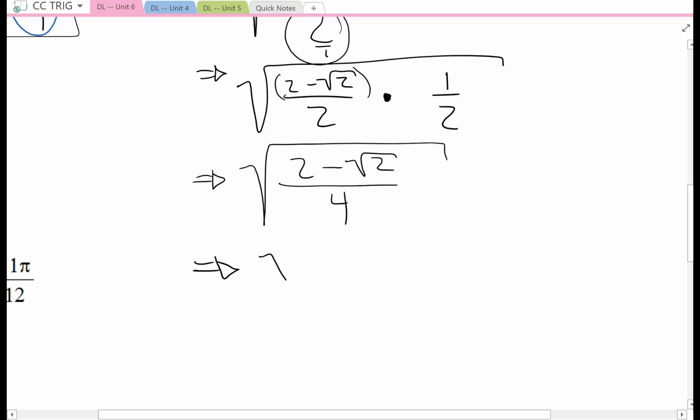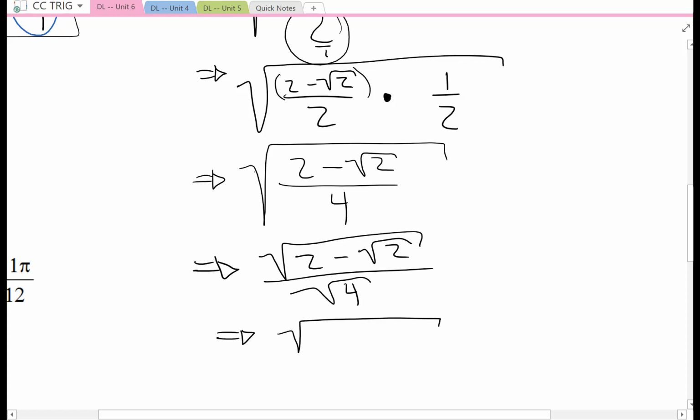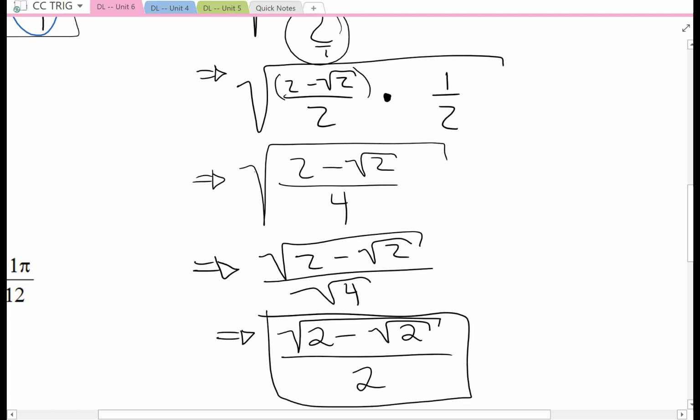So go ahead and split the radical, 2 minus root 2 over root 4, and then of course now we can simplify. I know it looks ugly to have a root under a root, but that is okay. Over 2, and remember the answer to this was positive, so that is our expression.